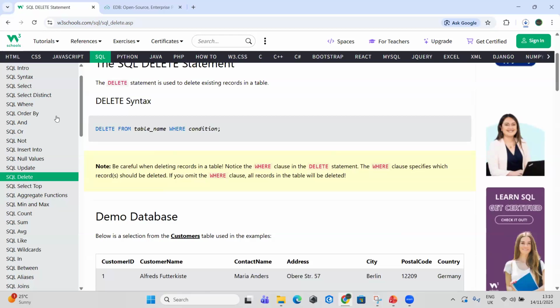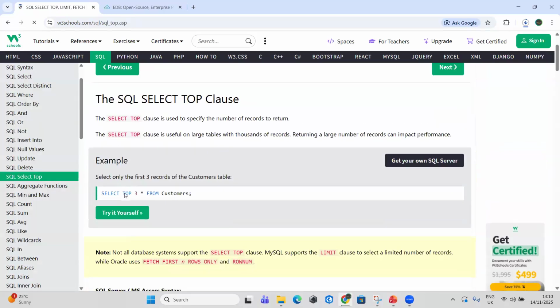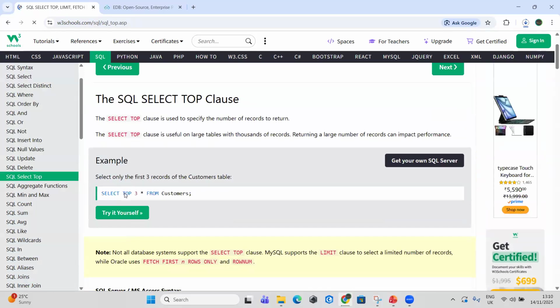Now, if you remember in delete, where is important. If you forget to add this, the blunder will be waiting for you. Now, for example, you have a customers list or any kind of table, and you want to see the first three entries from it.